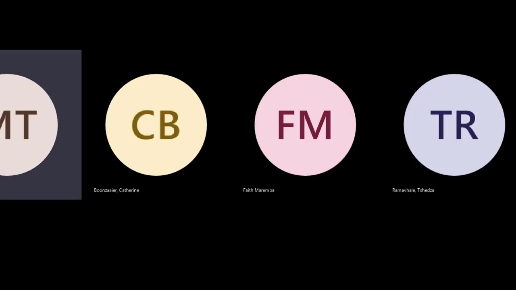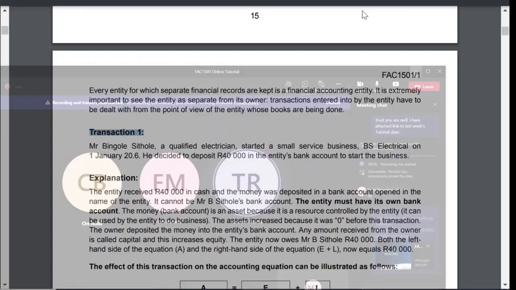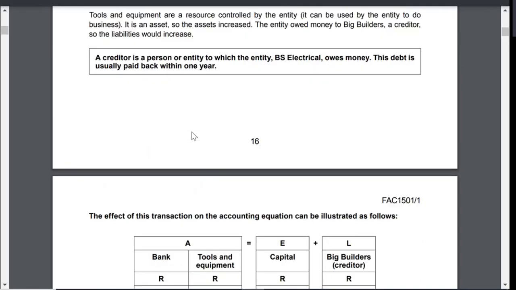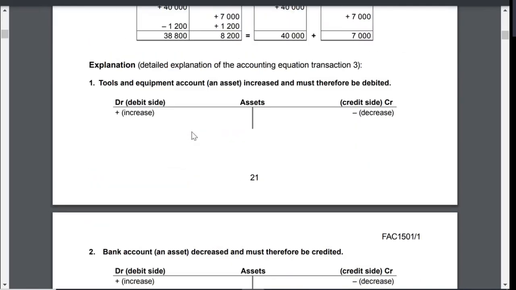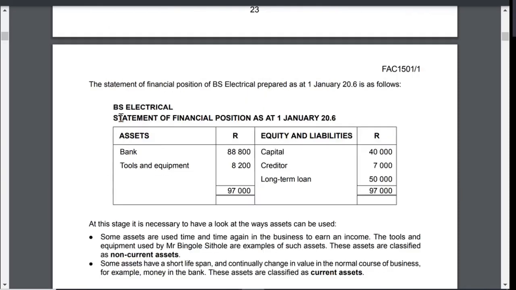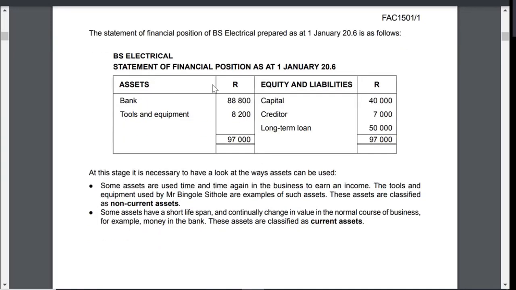So basically now I was just showing you guys what is the financial position of a business. I'm going to start with this because the main objective is for you to be able to see how we were able to get to the stage, the statement of financial position.